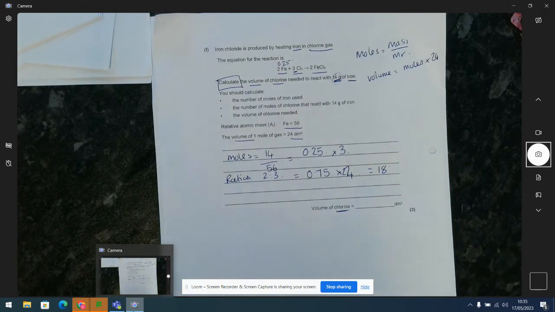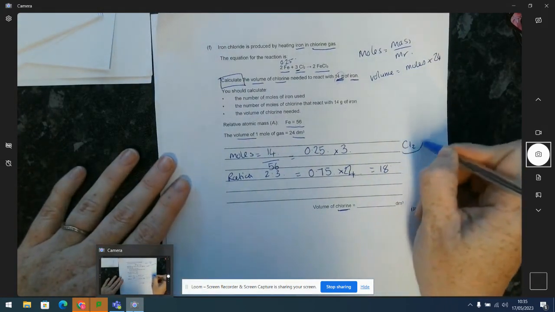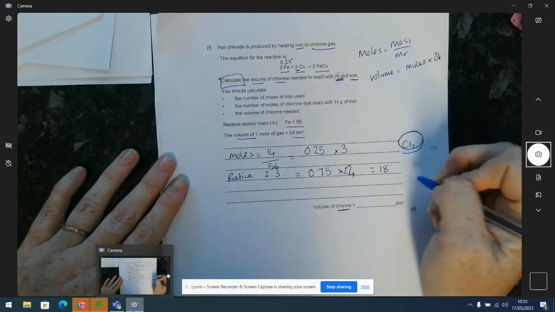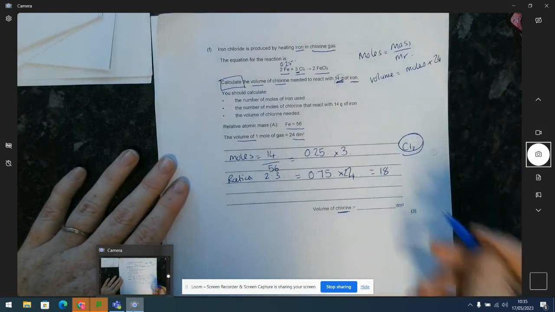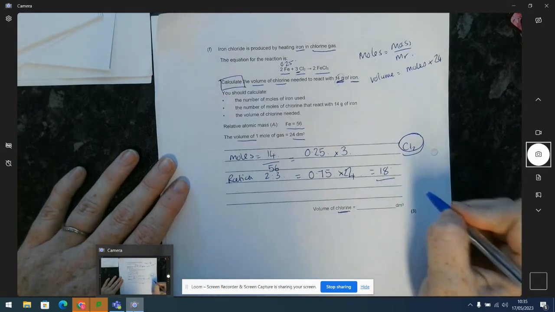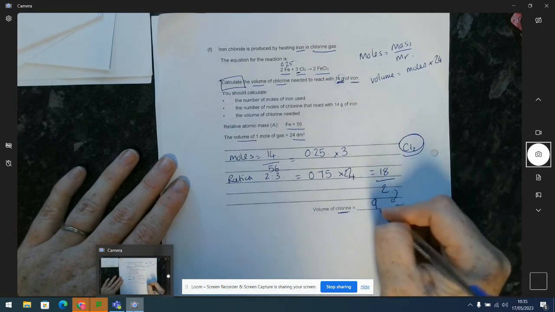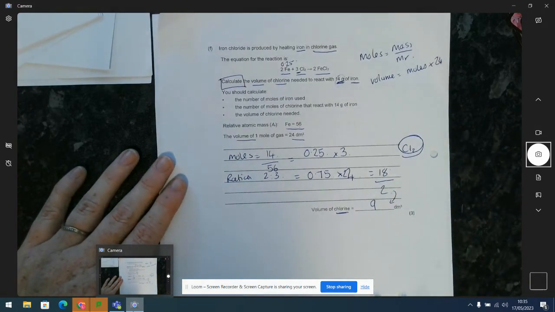Now, chlorine is a diatomic molecule. It comes in pairs. So I've got to do this for 1 mole of a gas. So I've got to make sure I then work this out for 1 atom. So I divide that by 2, and that is then going to give me a volume of 9.